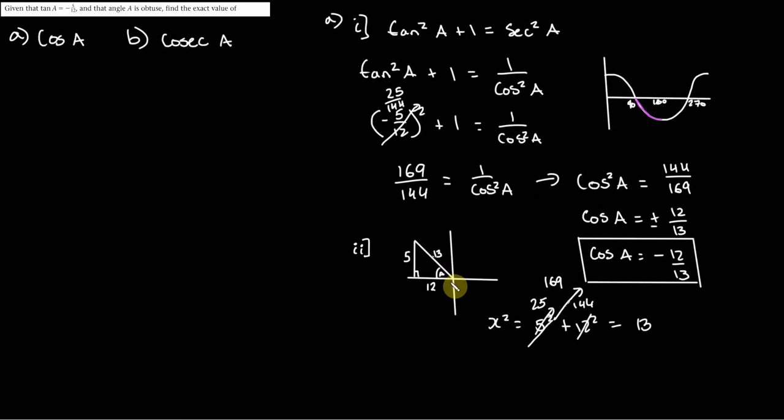Cos is adjacent over the hypotenuse, so cos A therefore is the adjacent, which is 12, over the hypotenuse, which is 13. And then we know that our angle is obtuse, hence why I drew it in the second quadrant. We know cos is negative, therefore cos is negative 12 over 13.